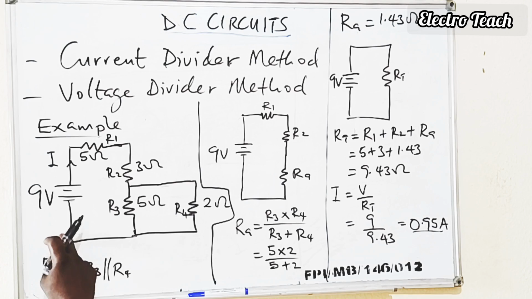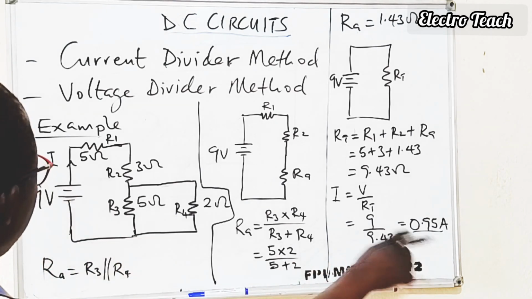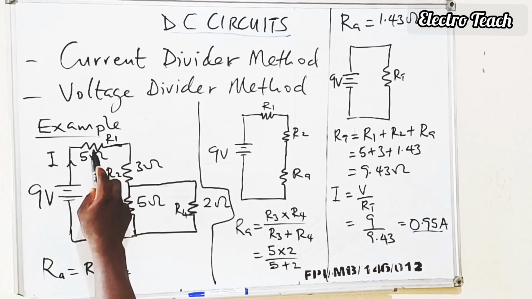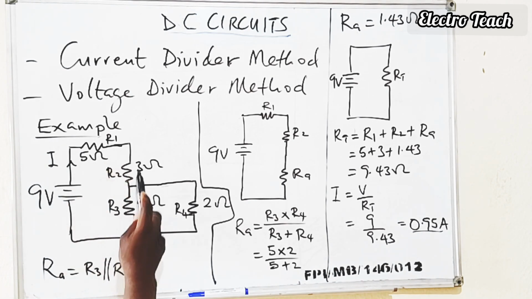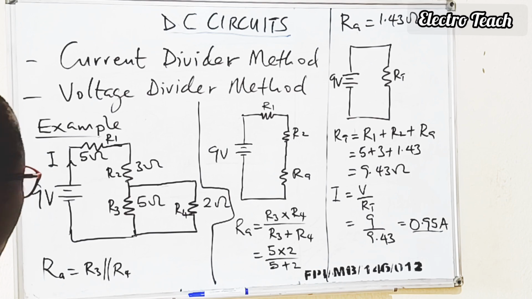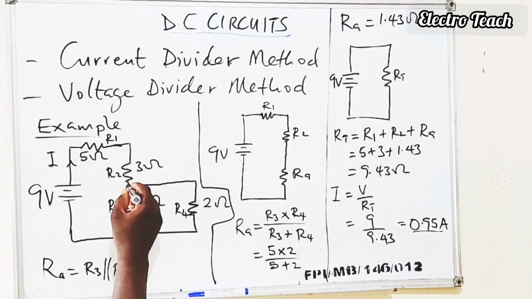Now, the potential source is sending out current of 0.95 ampere. That same current passes through resistor R1 and resistor R2. But then, when it gets to this node or junction, the current divides into 2.